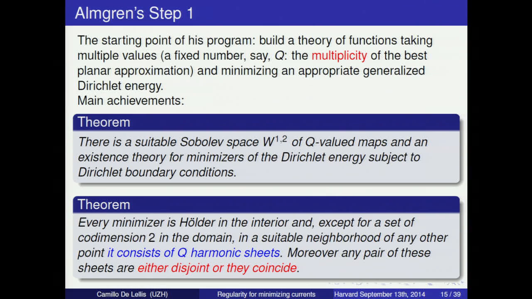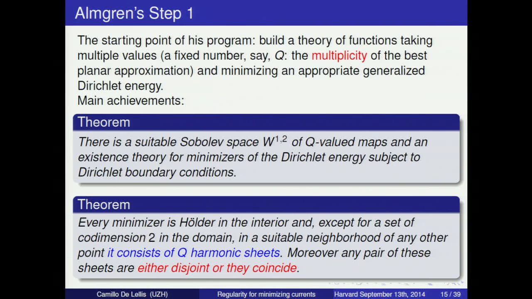The minimizer is going to be a continuous function, and it's going to be regular outside of a set of codimension 2. So what do I mean by regular? By regular, I mean that outside of some points, locally, your minimizer must be the superposition of single-valued harmonic functions. And not only is it the superposition of single-valued harmonic functions, these single-valued harmonic graphs cannot intersect.